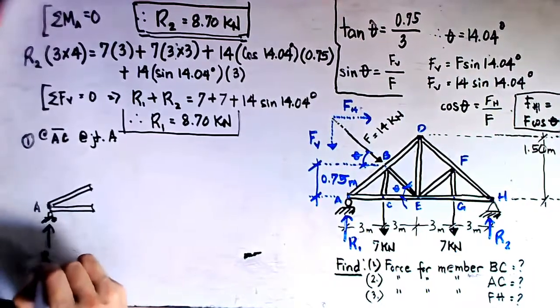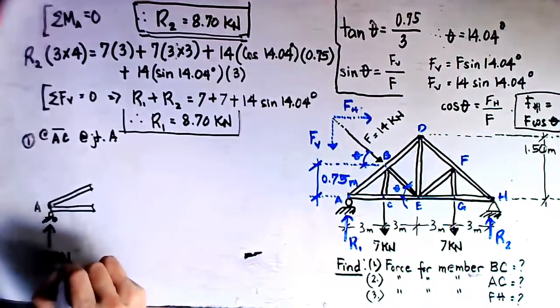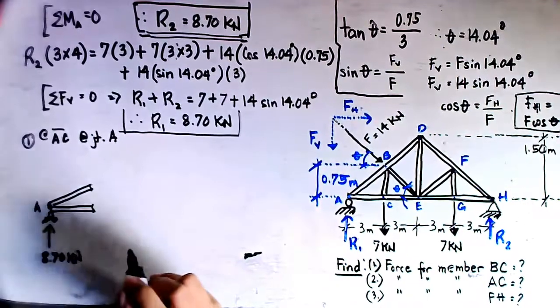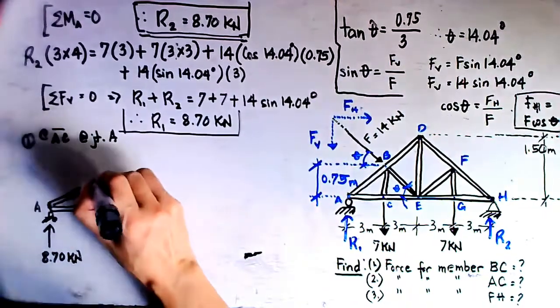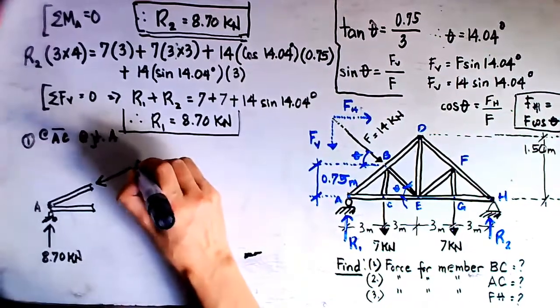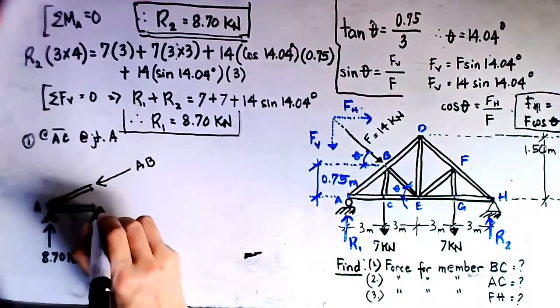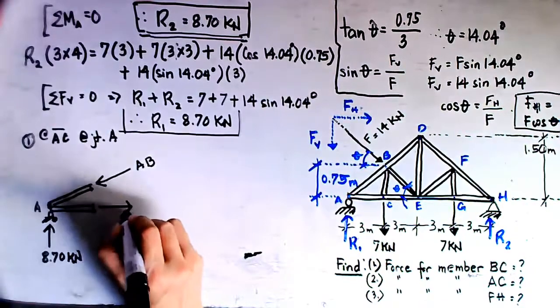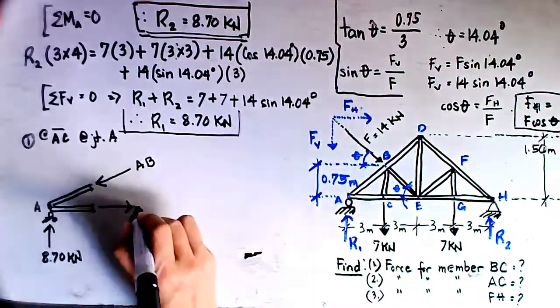This is 8.7 kilonewton. And then of course, in joint A, you have the member AB and of course, you have the member AC.